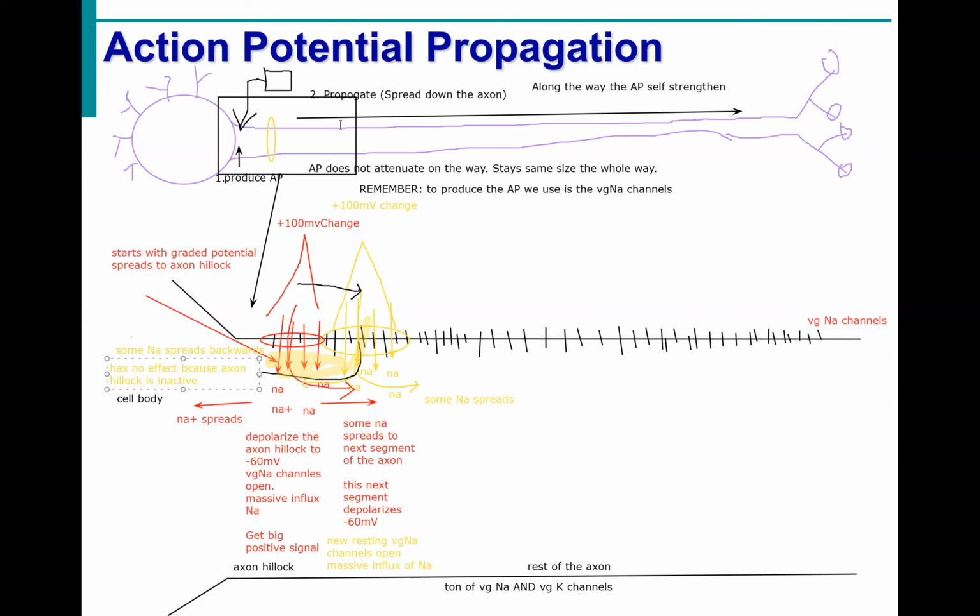Instead, the important part is we get that new sodium spreading to the new area. And of course, when it spreads to the new area, this new area reaches threshold.